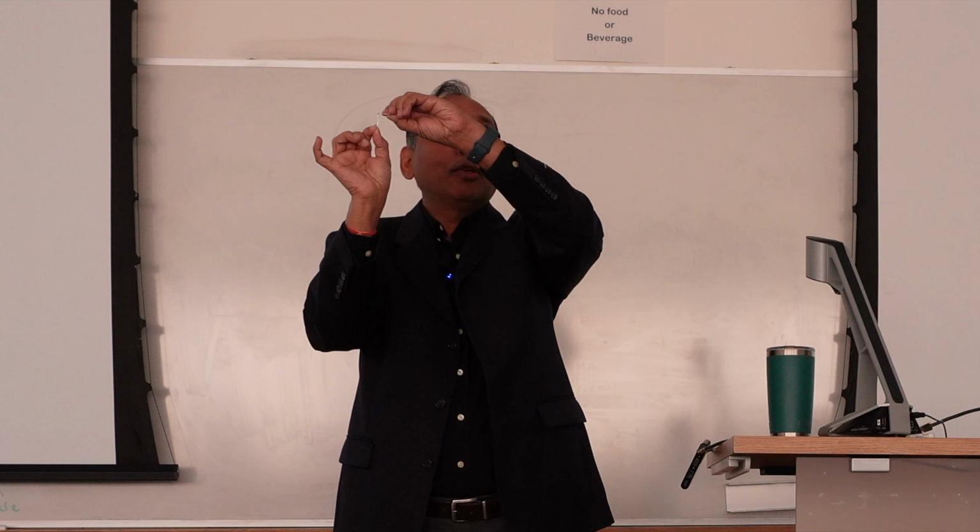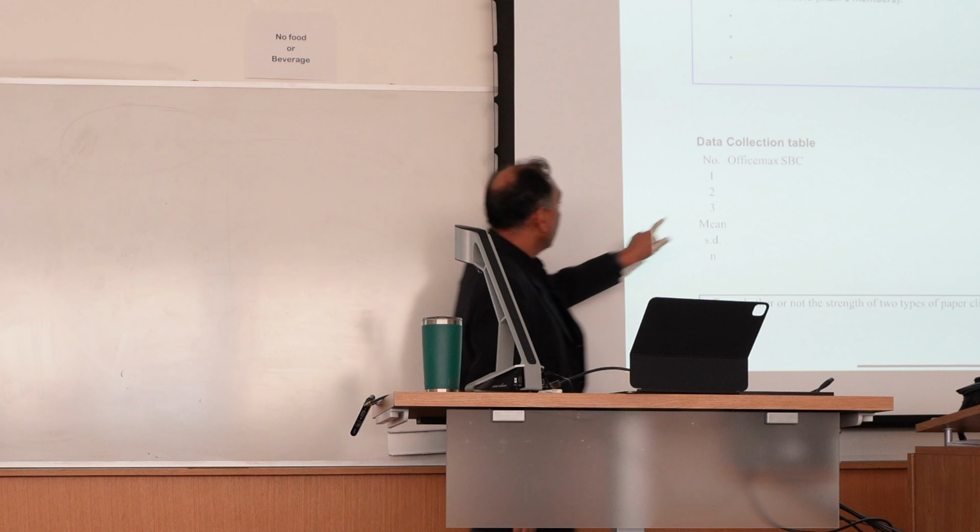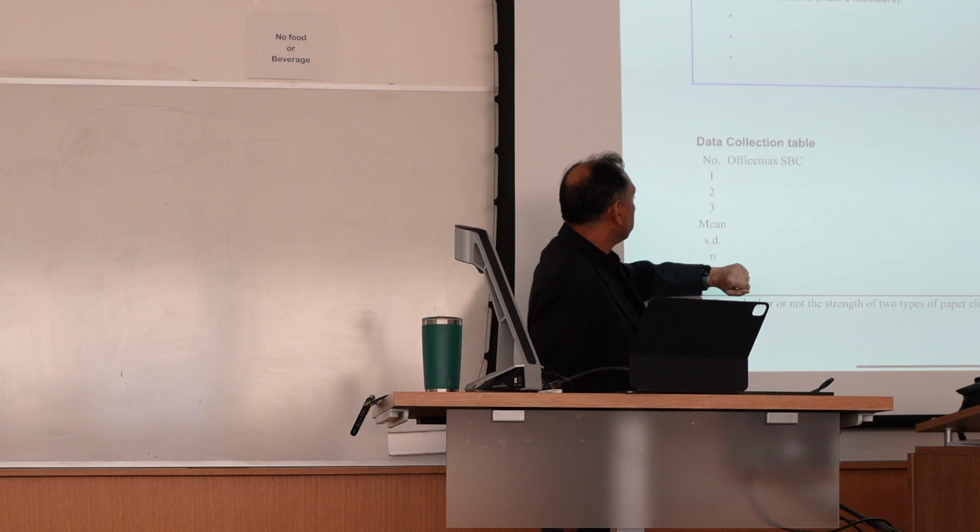Open 90 degrees, count as 3, 4, 5, 6, 7, 8, 9, 10, 11, 12, 13, 14, 15, 16, 17, 18, 19. Keep on going till it breaks. So at about 23, it breaks. So your data point for Office Max number 1 will be 23.